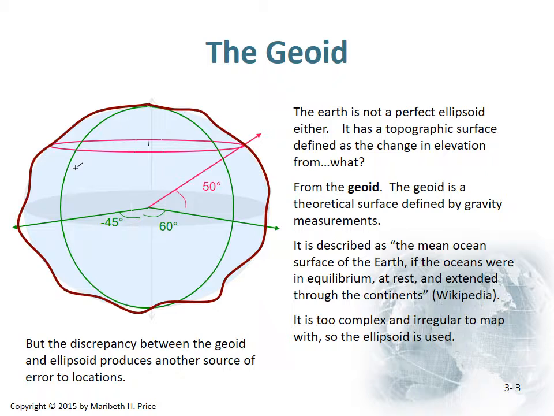So we wind up needing to create several different levels or scales of mathematical representations of the planet's surface based upon our measurements from surveying, using old style surveying equipment, based upon surveys that we've done from the space shuttle, from the International Space Station, other satellites, and gravity measurements.